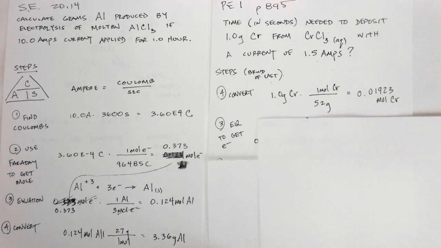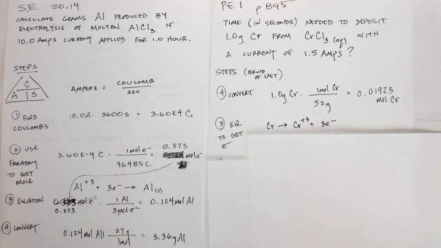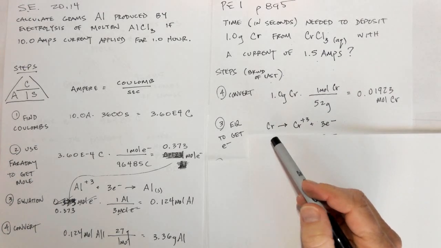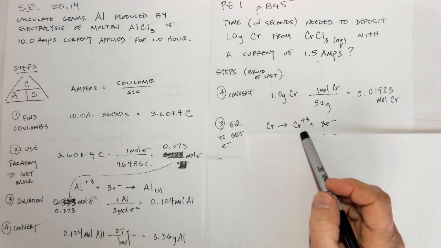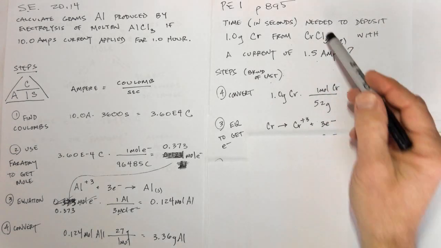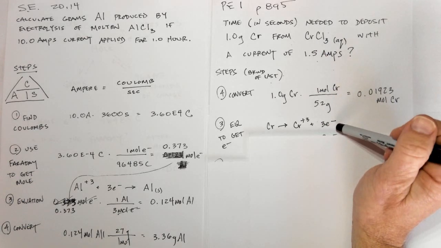Okay, step number 2 is just like this one. Use the balanced equation, and we're going to take chromium and make it from chromium plus 3, because we have chromium plus 3 aqueous right here. You can see chromium's in this plus 3 charge, and to do that I need 3 electrons.